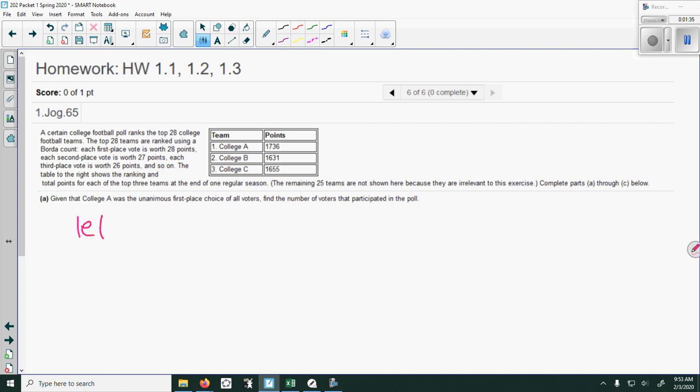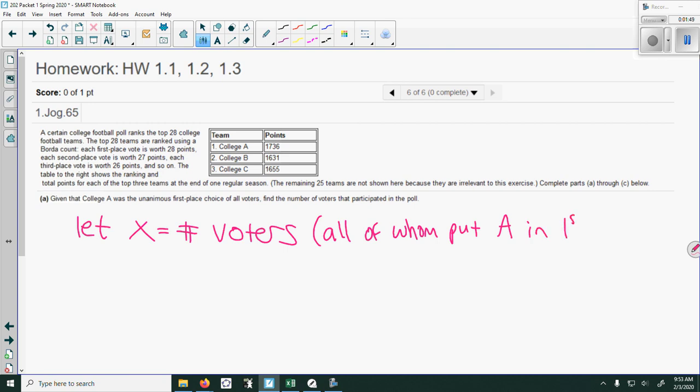We're going to let X equal the total number of voters, all of whom put A in first place.